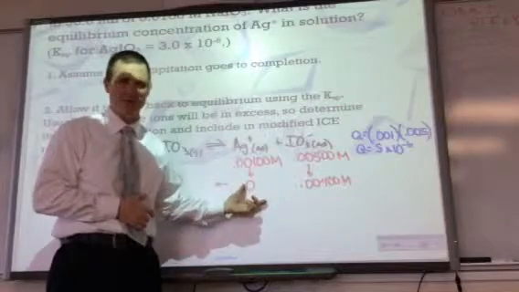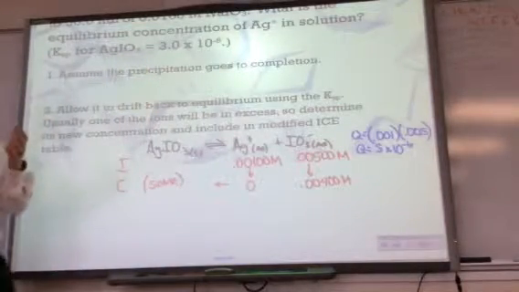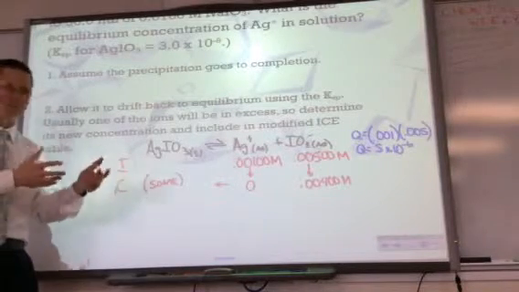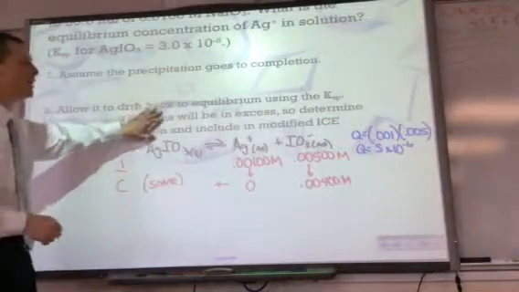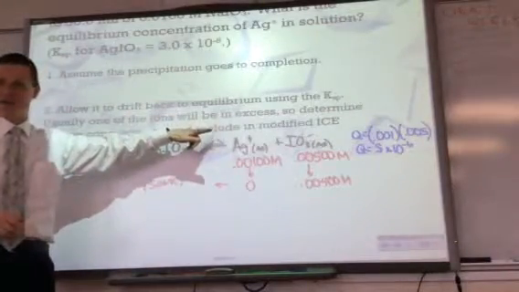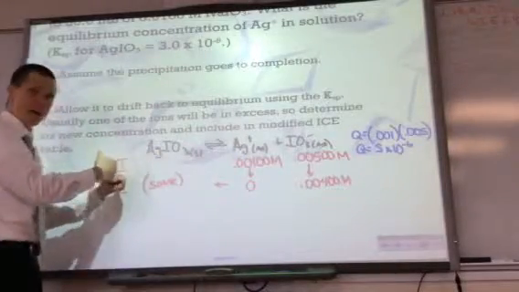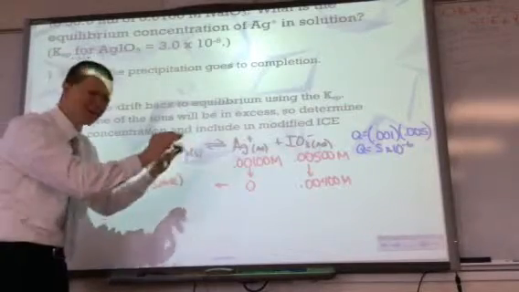You can't have 0 of anything. If you have 0 of something in an equilibrium reaction, it cannot happen. You're going to have to make some of it, so the reaction is going to shift to make some. This is where I'm going to make this modified ICE table. The reaction changed when it came back this way, but it came back all the way. Now, it's got to drift back to the right. A little bit, not much.